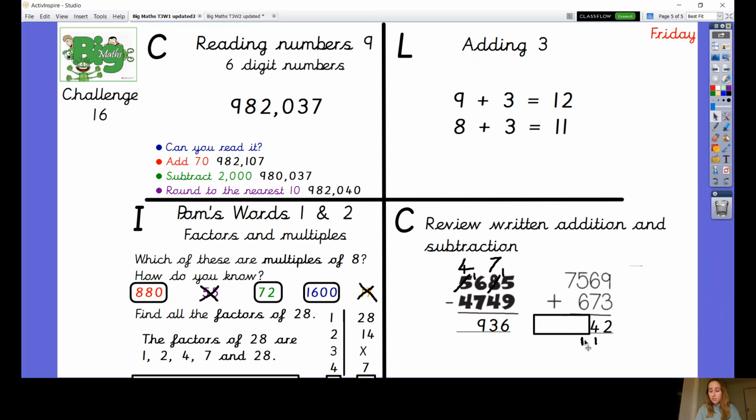Add 1 more hundred underneath here, gives me 12 hundreds. So I again put my 2 in my hundreds column and my 1 in my thousands column. And then I've got 7 thousands, add no thousands, but then I have got 1 more underneath here. So that gives me 8 thousands. So I've got 8,242. Make sure you've checked your answers to our CLIC skills today.